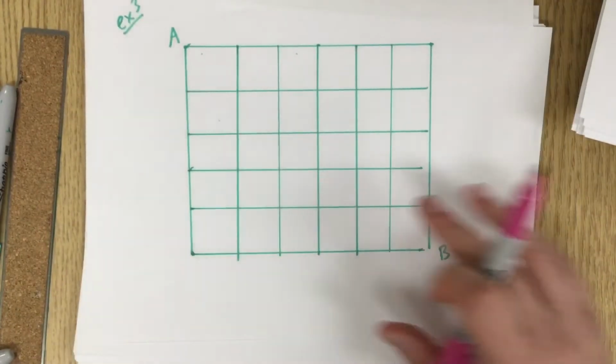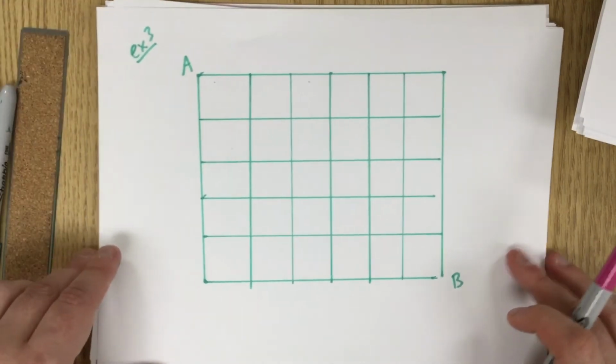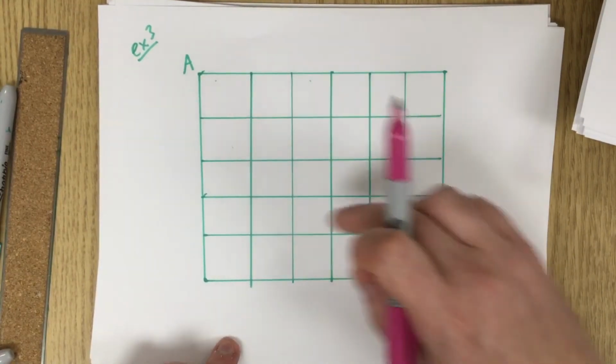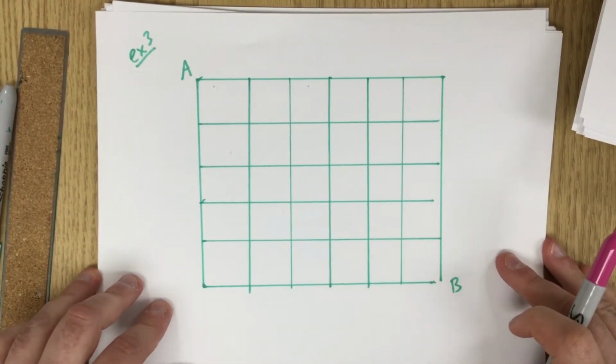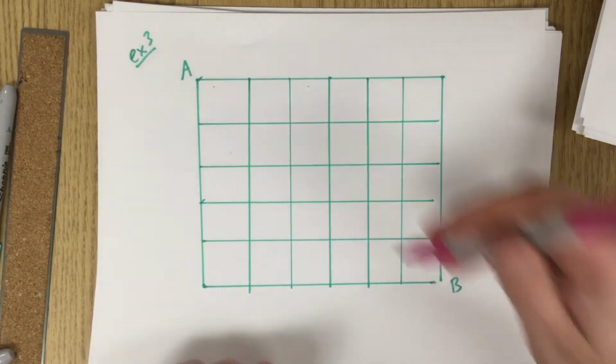Okay, so let's try it for this big one now. So I draw it out. Make sure you count the right number of lines. Pause it, try to figure it out yourself. I'm going to go through it.